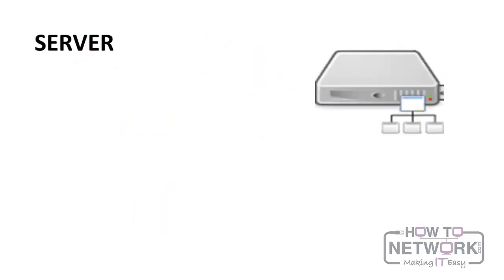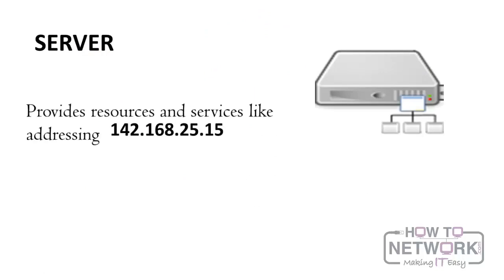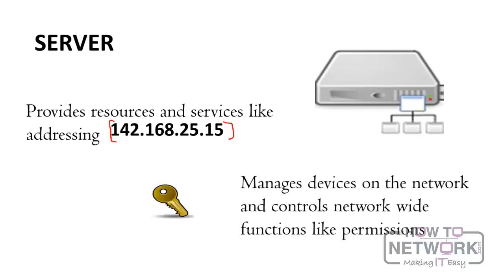Now, a server is a network device that's responsible for sharing resources and managing certain services, like addressing. And we'll talk about this, which is called an IP address, a little later. It also manages devices on the network and controls network-wide functions like permissions.